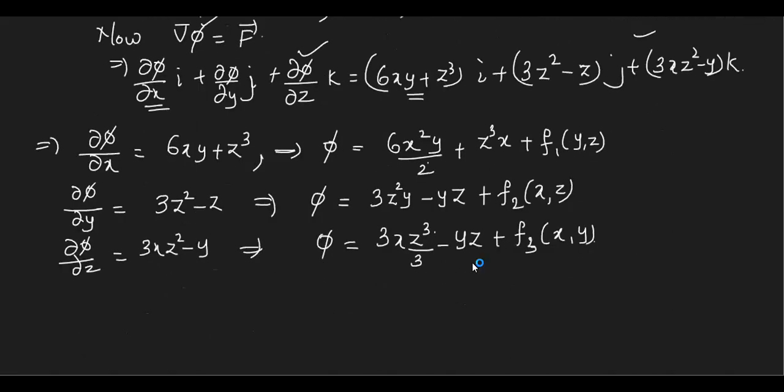Now you can observe that all three have three terms, so there is no need to take any function as 0. Now you can see a function of yz which is not there here but is present in the other two.